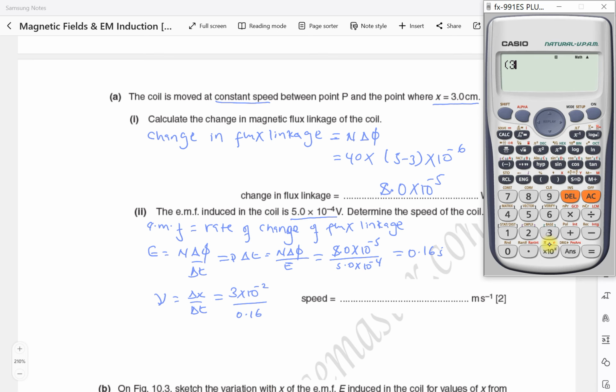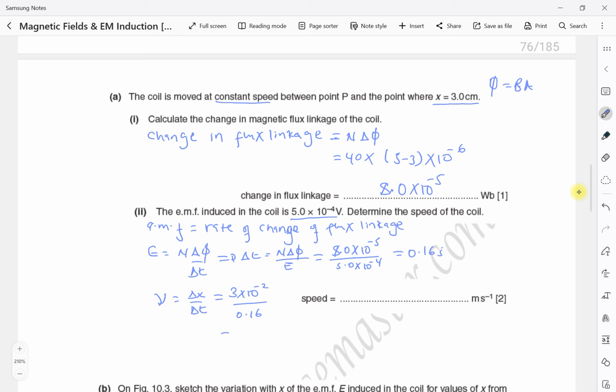So that is 0.1875, or I'll write 0.19 meters per second.